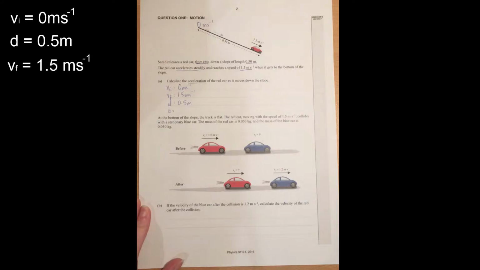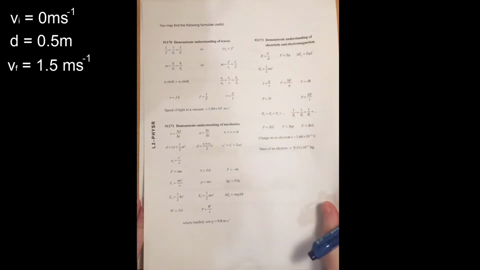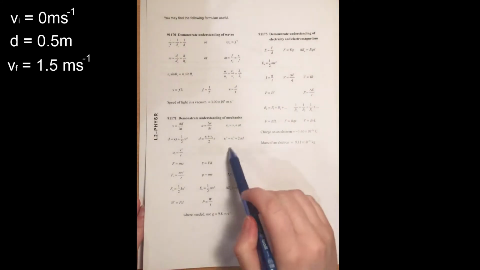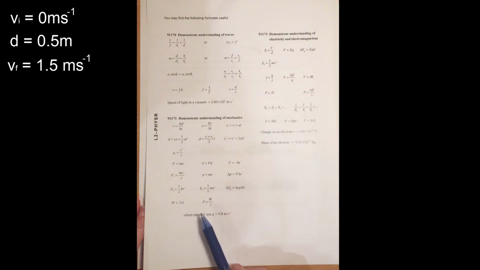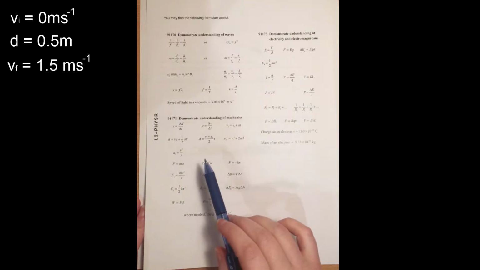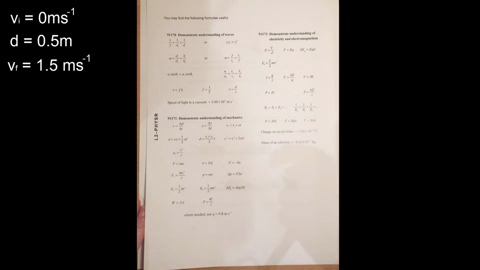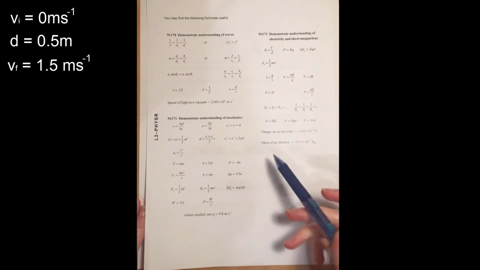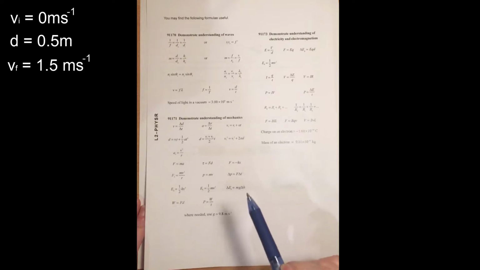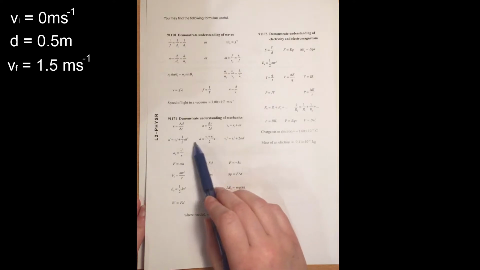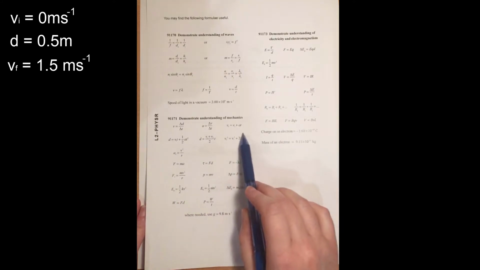So, if we have a look down here at our mechanics formula, we need VF, VI, A and D, okay? So we don't have any time, so we can't use these three, but we can use this one.